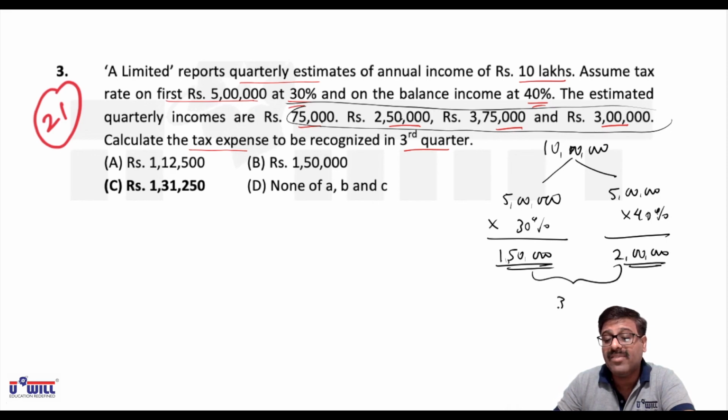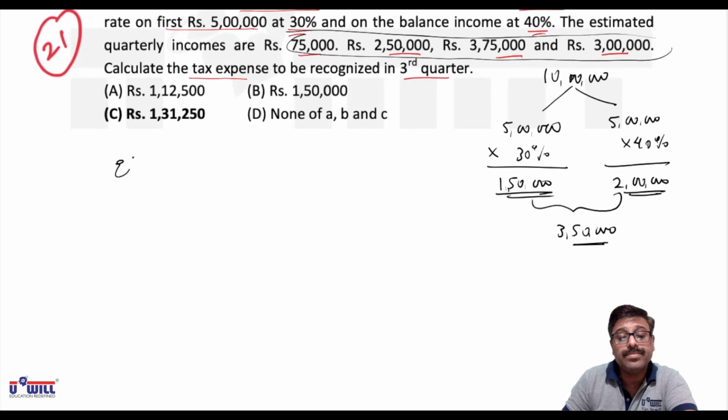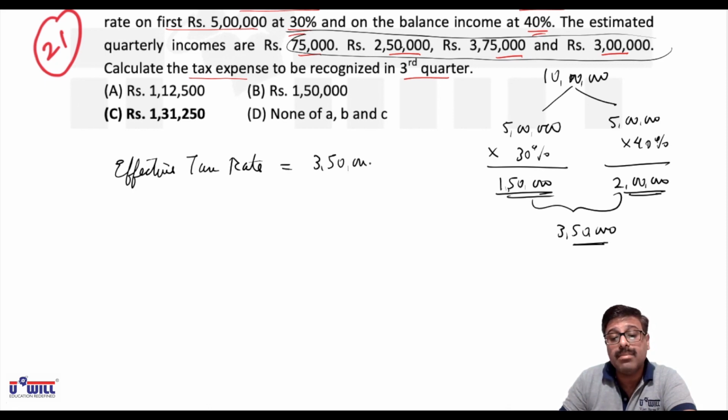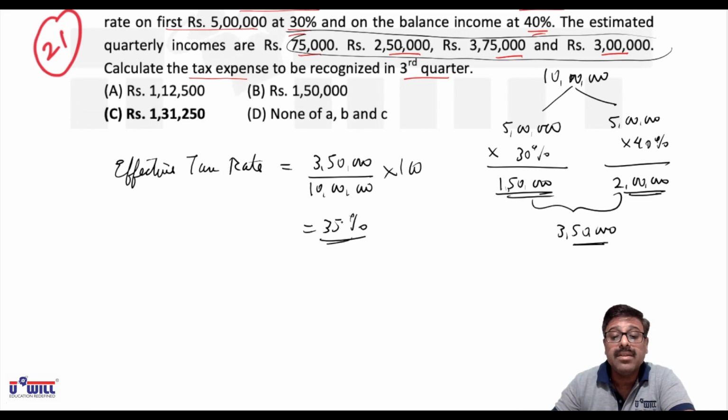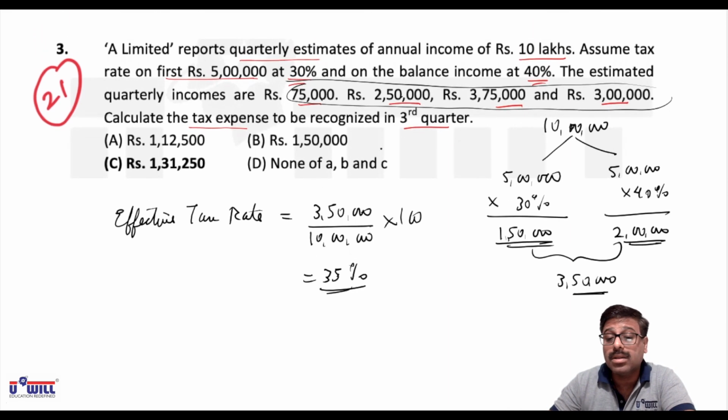Now what is the effective tax rate? Effective tax rate comes to 3,50,000 divided by 10 lakhs, the total income, multiplied by 100. 35% is the effective tax rate. So every quarter we will report tax expense at 35%. We are asked for which quarter? Third quarter.